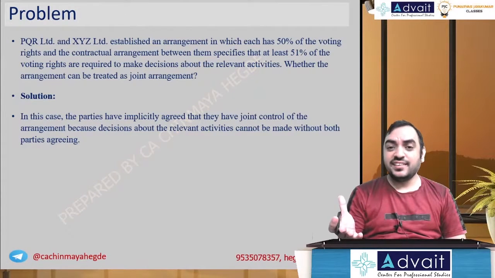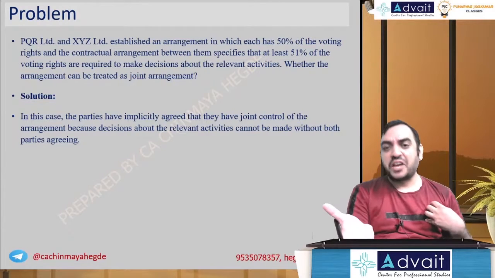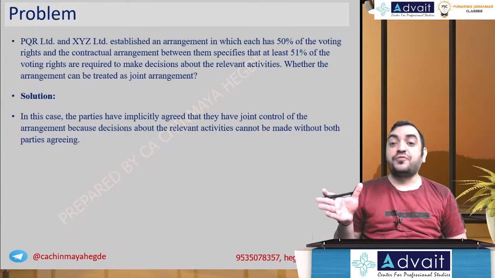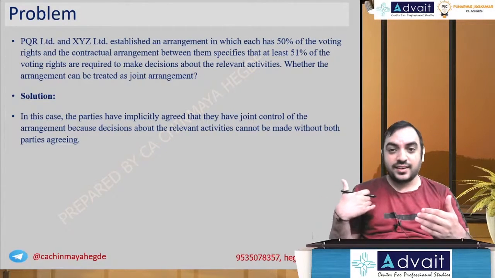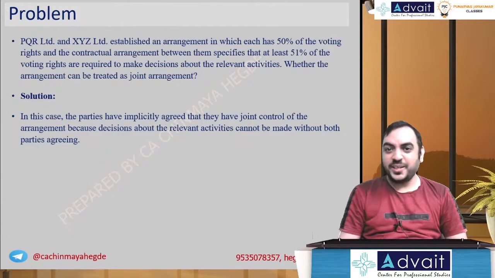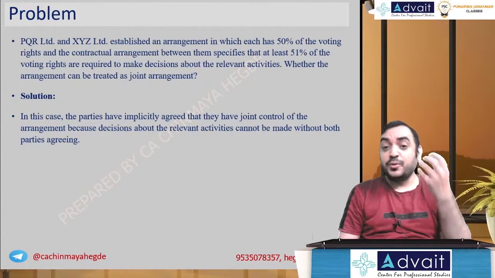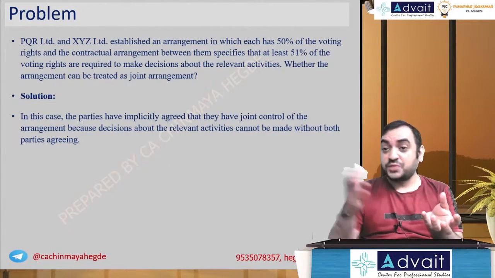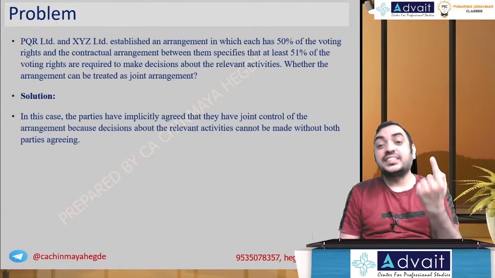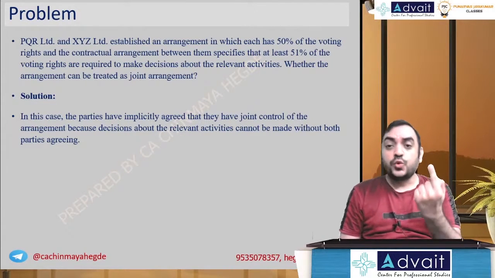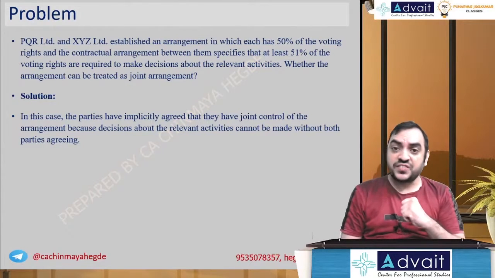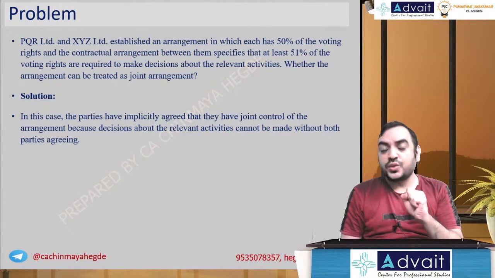Straightforward answer again. I have 50%, you have 50%. And it requires 51%, which means ultimately both of us should agree. Because if I say it, it will be only 50, and it requires 51%. So one person's consent is not sufficient. One person's vote is not sufficient. You require both the parties to come together.